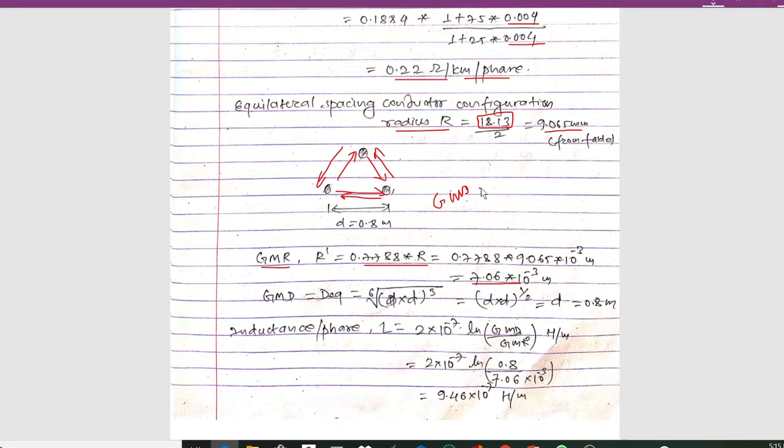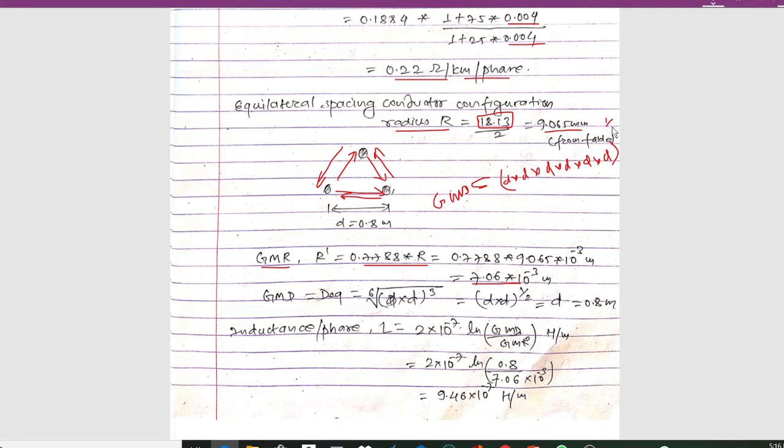GMD equals d into d into d into d into d into d, six times, to the power 1 upon 6.